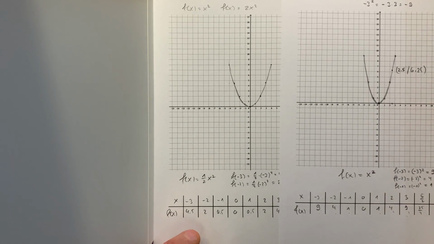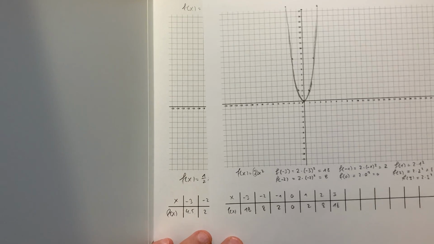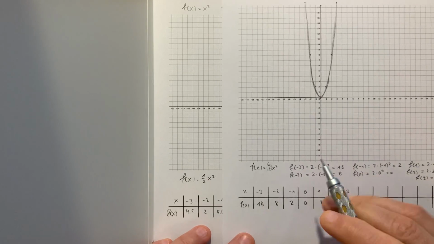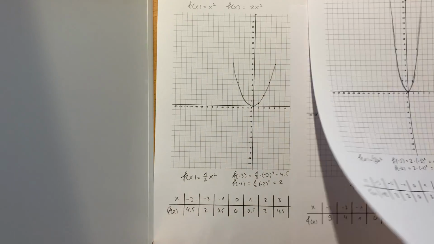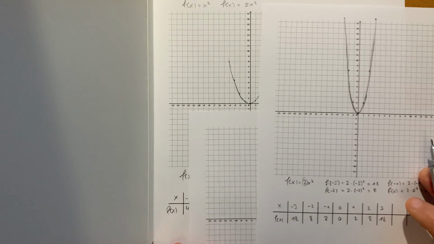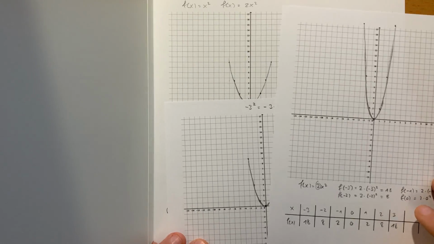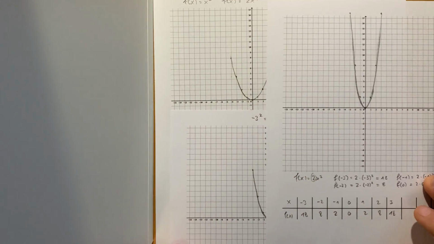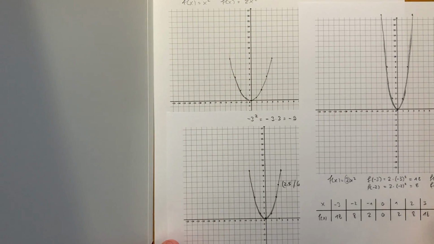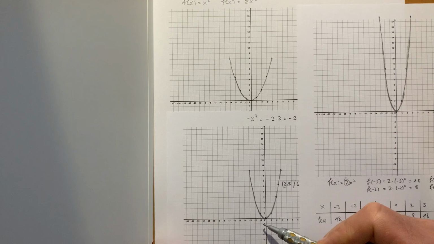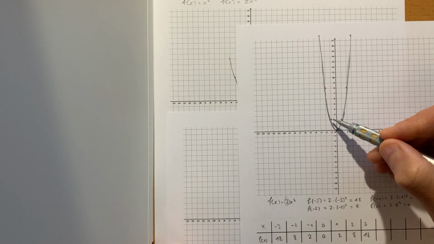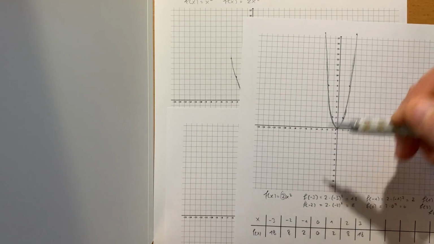Let's compare it to the other one. F of x is 2x squared. Well, look. Qualitatively, they all look the same. These are all parabolas, okay? All parabolas. But well, this one is the original parabola. F of x is x squared. This is 2x squared, so it is a vertical stretch.